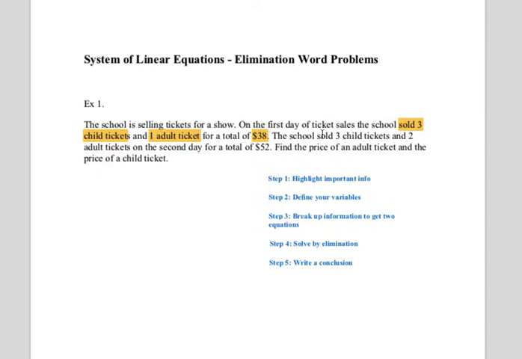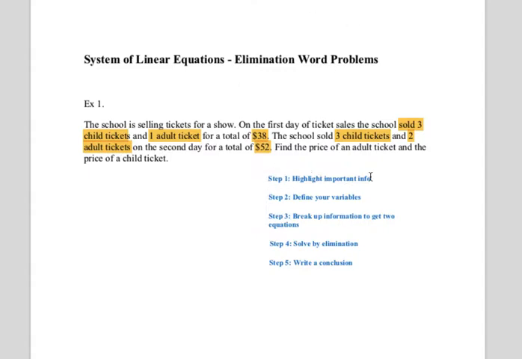Okay, so the second part is the school sold 3 child tickets and 2 adult tickets on the second day for a total of $52. And we need to find the price of the adult and child tickets.